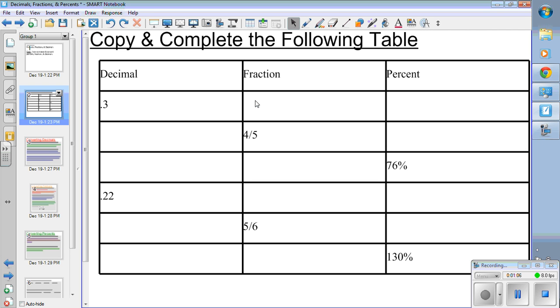So 3/10, if you say it correctly, it sounds just like what it is, and it is 3/10.